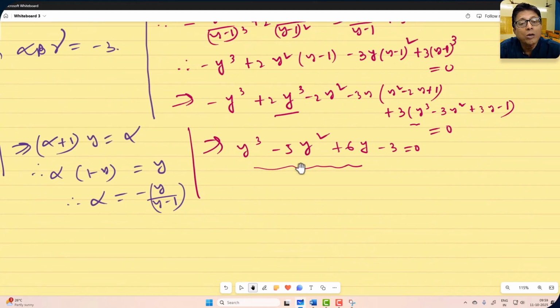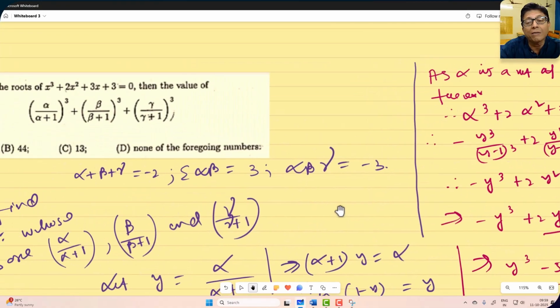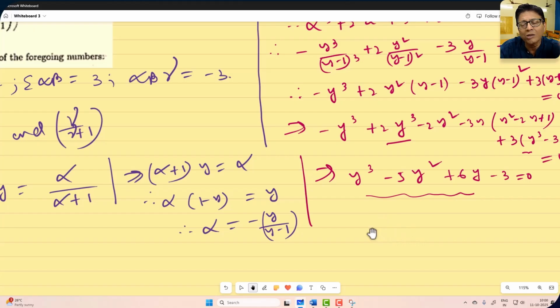If you want to convert into an equation whose roots are alpha by alpha plus 1 whole cube, beta by beta plus 1, that you can do definitely. I showed you the method. But I will be working with this alpha dashed, where roots are alpha dashed, beta dashed, gamma dashed of this form. Beta dashed equal to beta by beta plus 1 and gamma dashed equal to gamma by gamma plus 1.